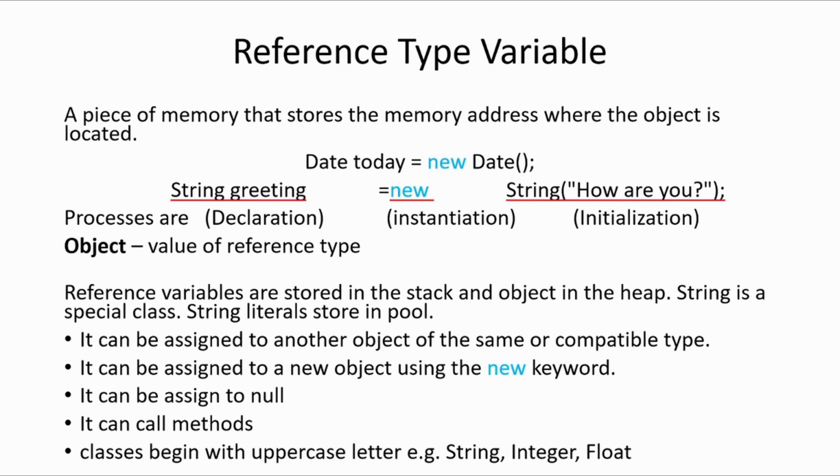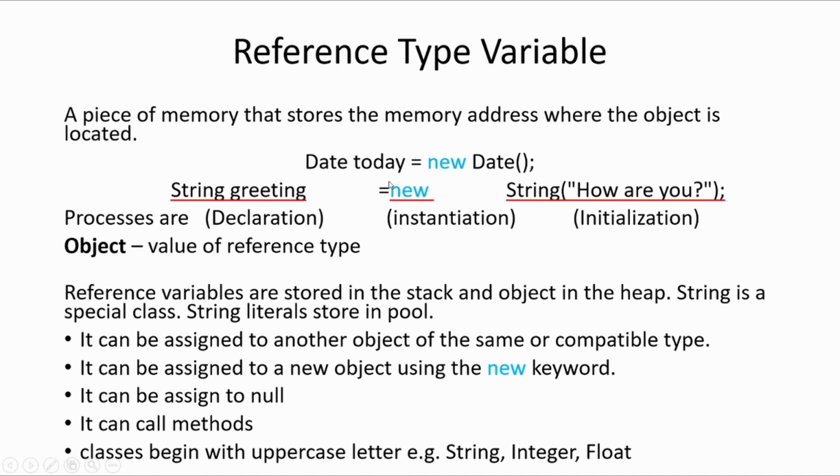The reference type variable can be assigned to another object of the same or compatible type. If I create a new Date and assign it to today, I could definitely do that. It can be assigned to a new object using the new keyword, as I have explained. The beauty of this one is you can assign null. Null means nothing. So when you assign null, what happens?